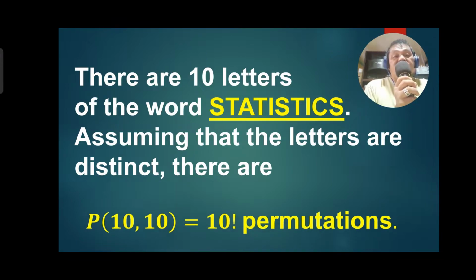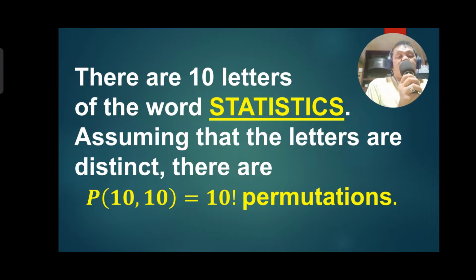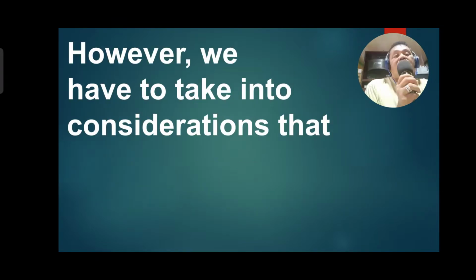So we have the permutation of 10 letters taken 10 at a time, which is equal to 10 factorial permutations.